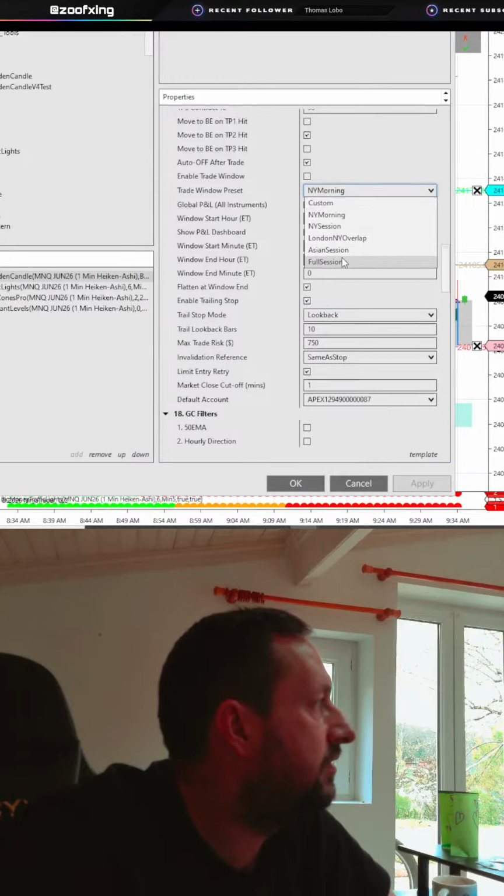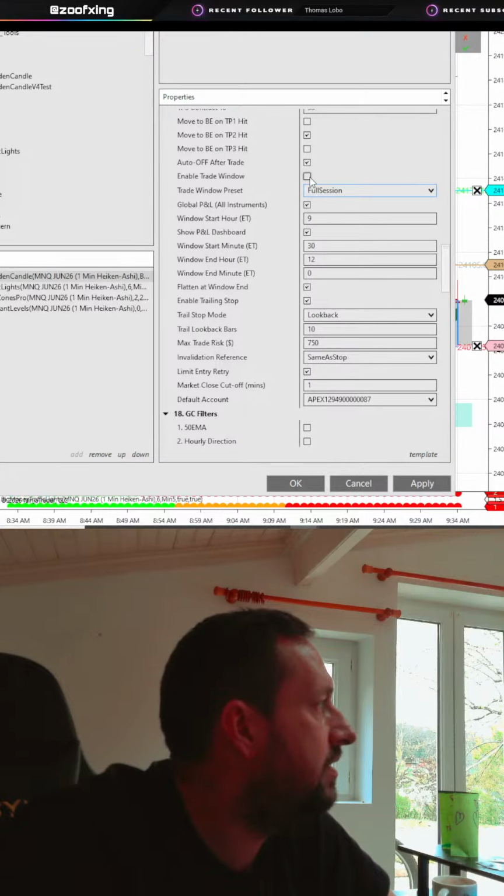So I'll just do a full session so you can see where it shows you, right? That's automatically just going to do all day. Just going to tick off trailing. Oh yeah, look back. So I'm using look back, sorry. So it's going to take the last 10 candles and trail the high or the low.